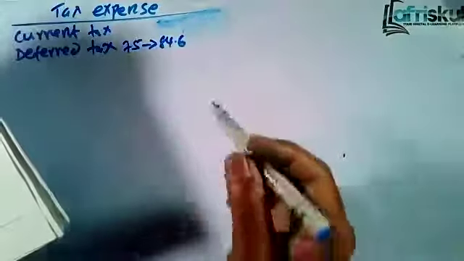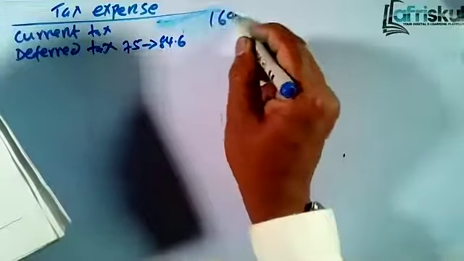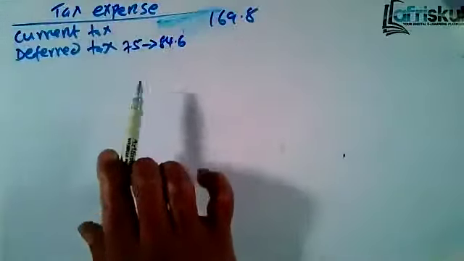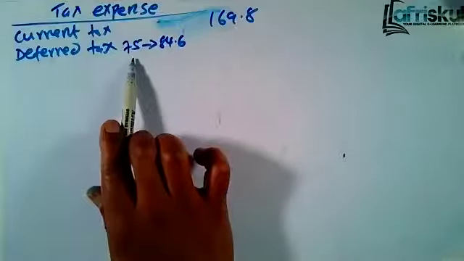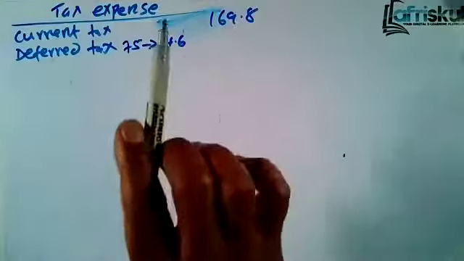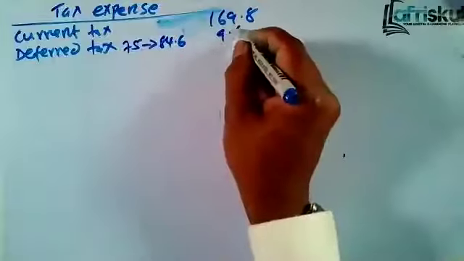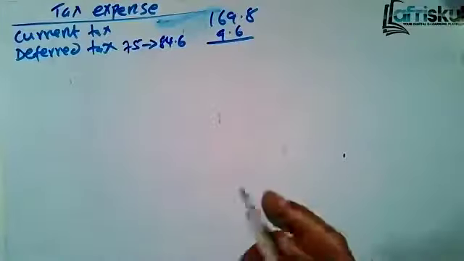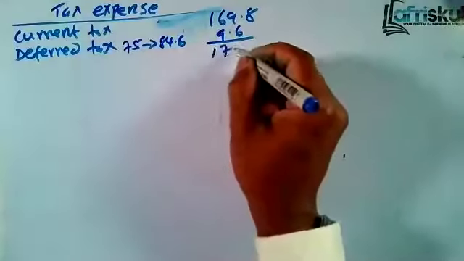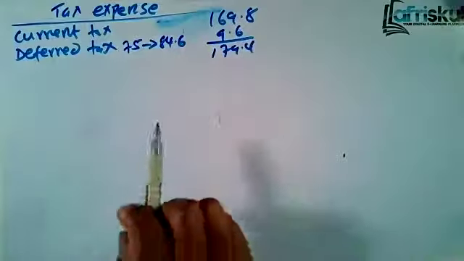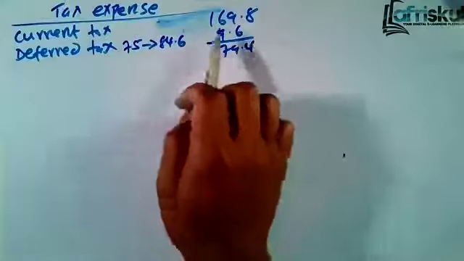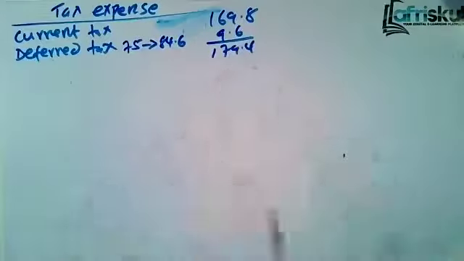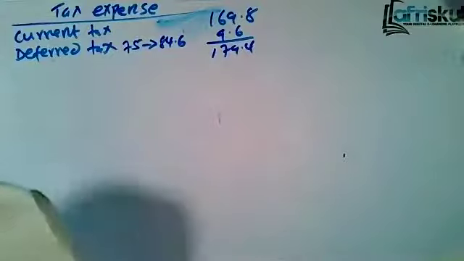It's an increase. So the current tax was 169.8. Then deferred tax has moved from 75 in the trial balance to 84.6. That means there is an increase of 9.6. An increase in deferred tax becomes an expense. So that means you have to pay more tax. You'll pay 179.4. Assuming it was a decrease, you would have deducted, so that means you'd pay less tax. So that's the tax expense.